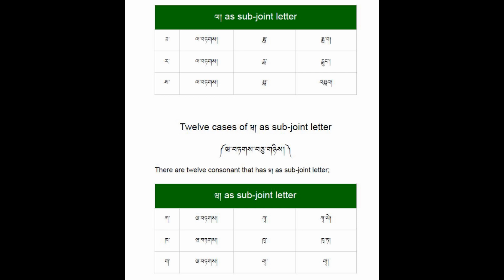And the other reason why is because wa is under the category of being a feminine sound. So we have the strong masculine sound, the weak masculine sound, the strong feminine sound, the weaker feminine sound, the more weaker feminine sound, and then the weakest feminine sound. So wa comes under the weaker feminine sound.